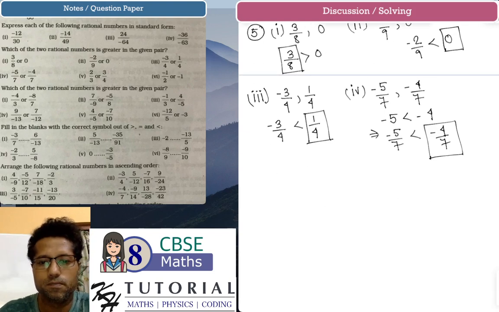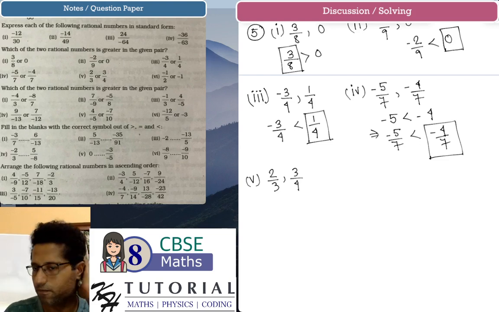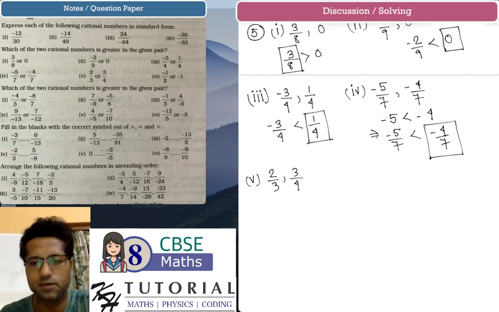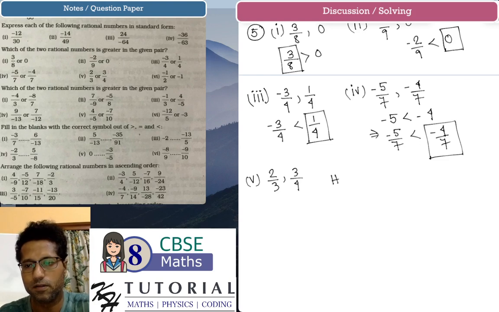Okay, part 5 is 2 by 3 and 3 by 4. Now we see that both the rational numbers are positive but the denominators are different. So in this case we convert both these rational numbers to their equivalent rational numbers so that they both have a common denominator, which will be the HCF of the denominators.